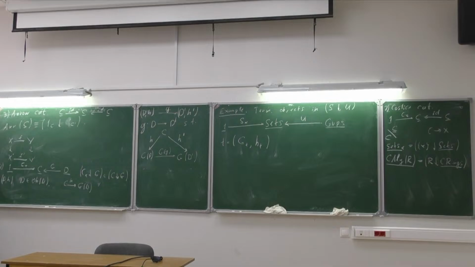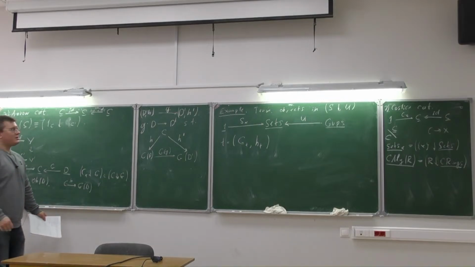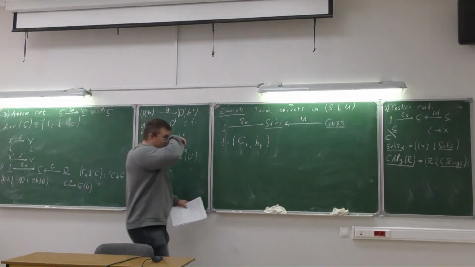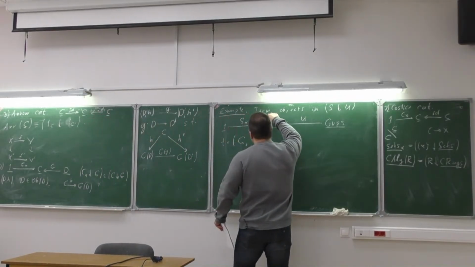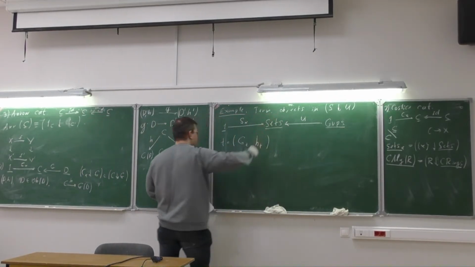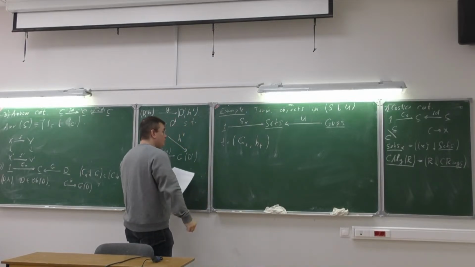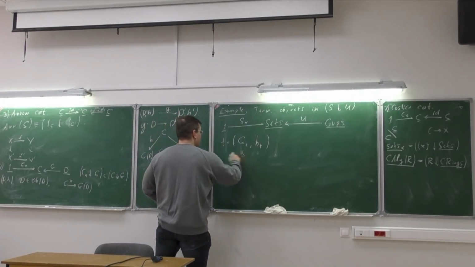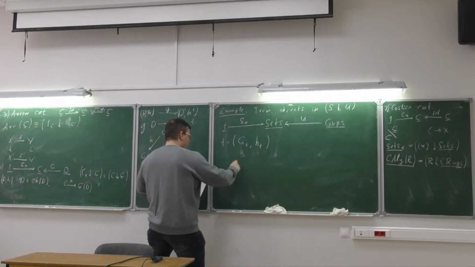Well, I'm not sure that this is a correct question. I'm not sure whether I need to consider terminal or initial. So let's do the computation together. We have the set S. So what are the maps?